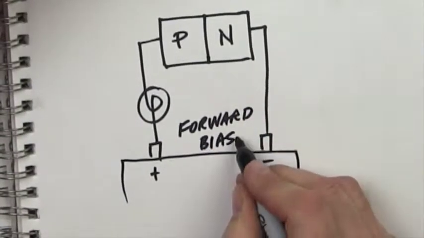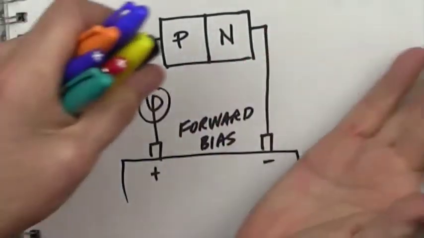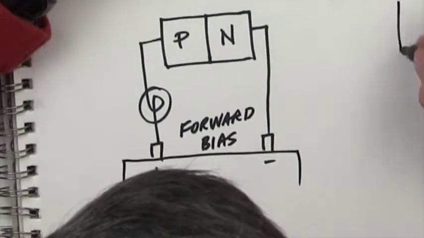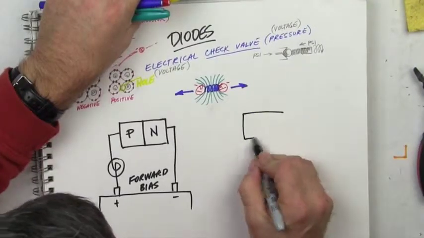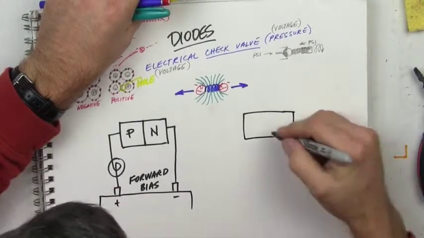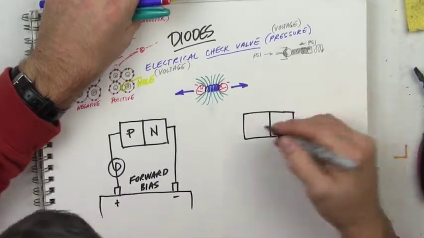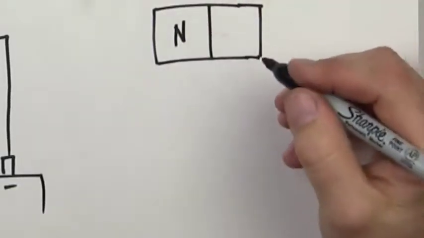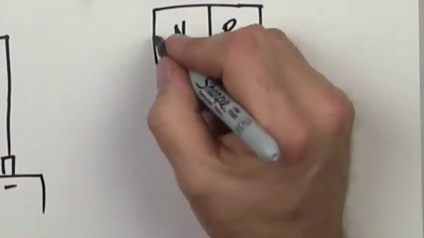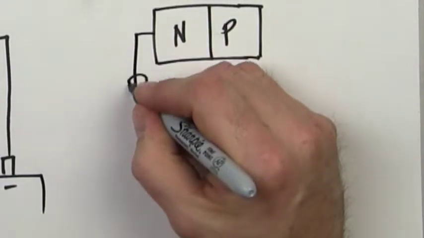The word bias means to lean, so it's kind of leaning in the forward direction. Okay. Well, then let's do the exact same thing, but let's go the other way around. So let's make it negative here and positive here. And we'll put a bulb in there.